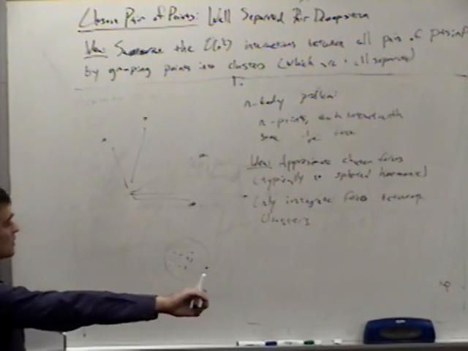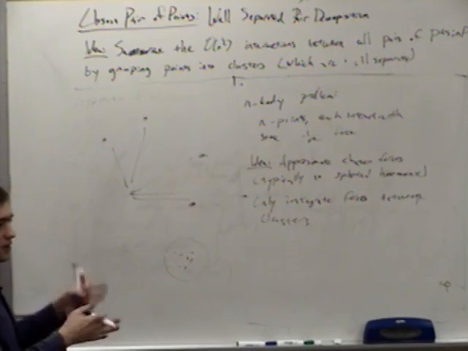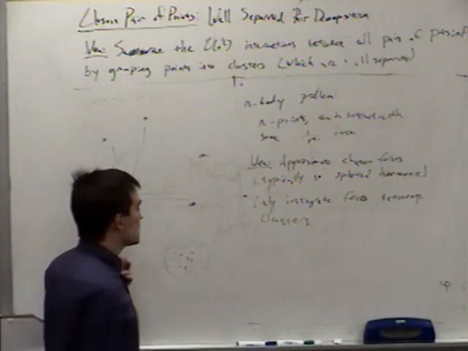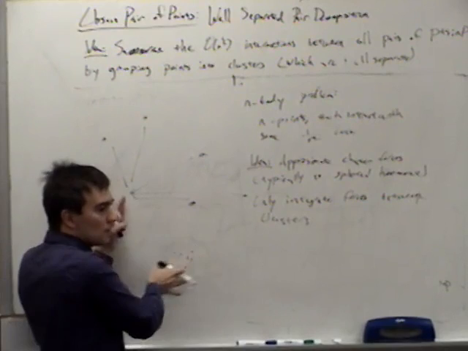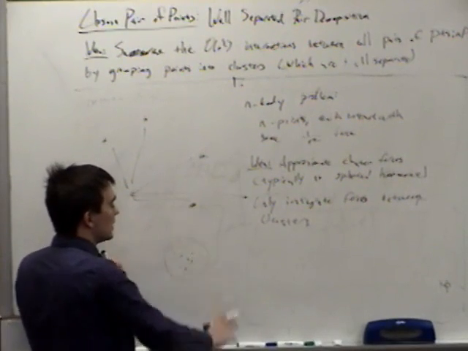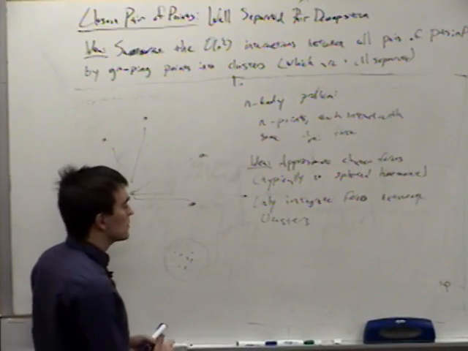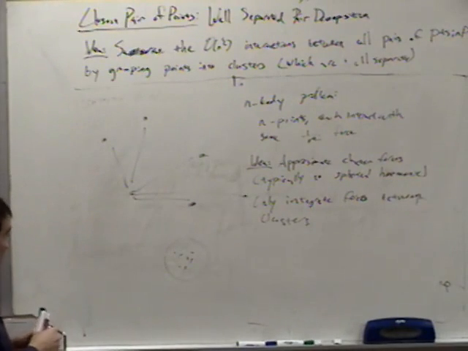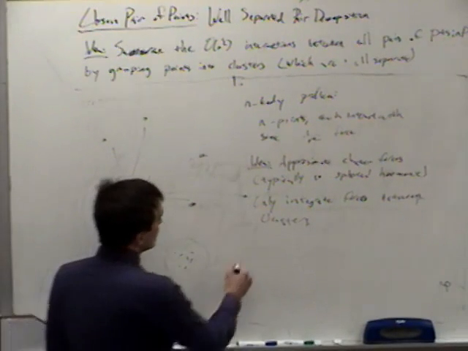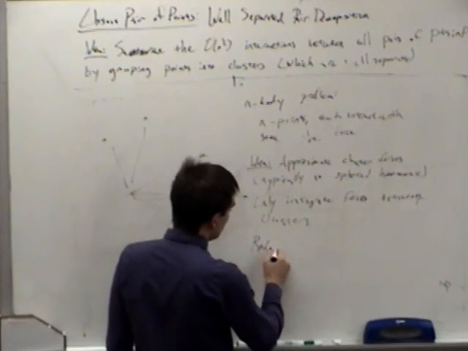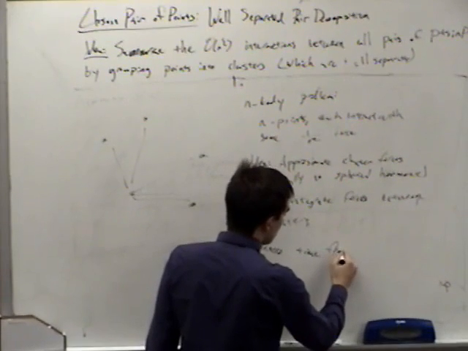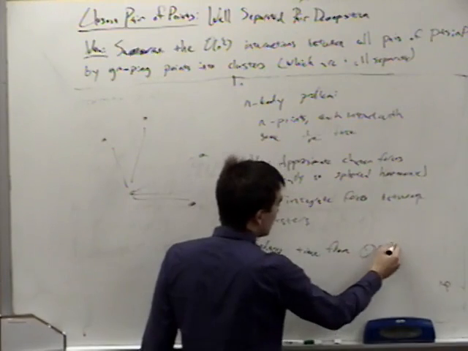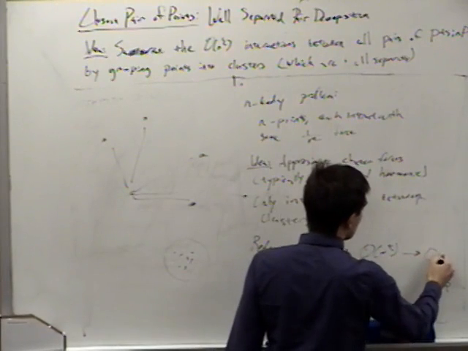And because these things are sufficiently far apart, instead of doing n choose 2 or n times m different interactions, we just do n plus m interactions for each of these clusters. So the concept is that it basically reduces time from order n squared to order n.